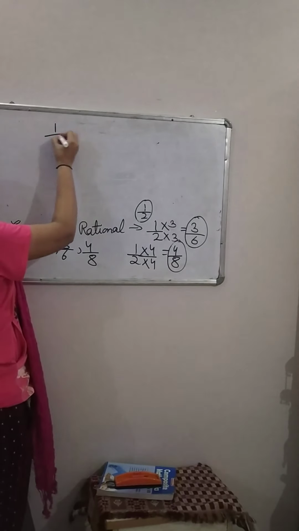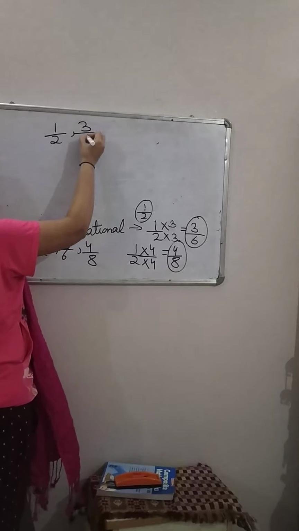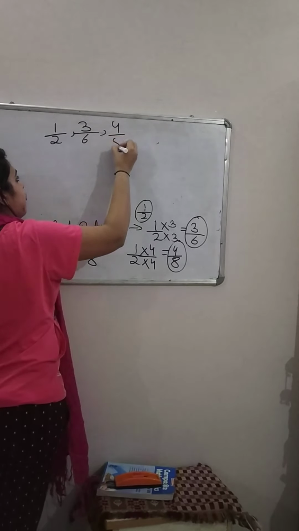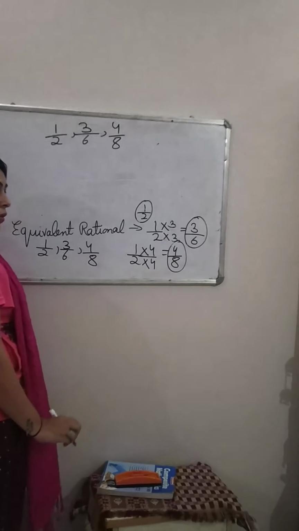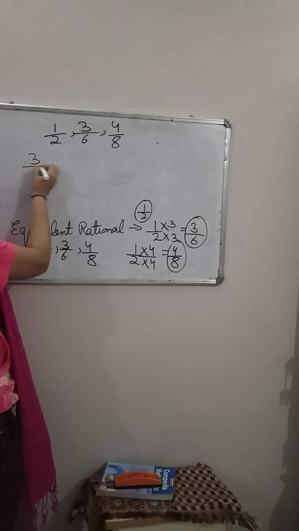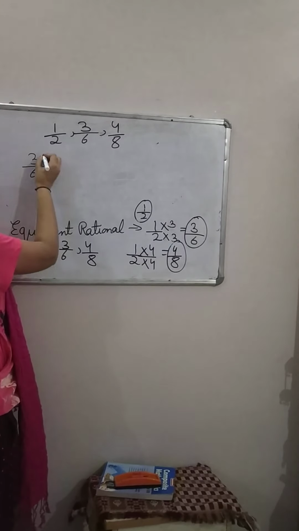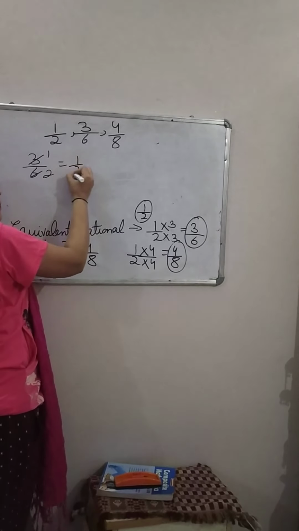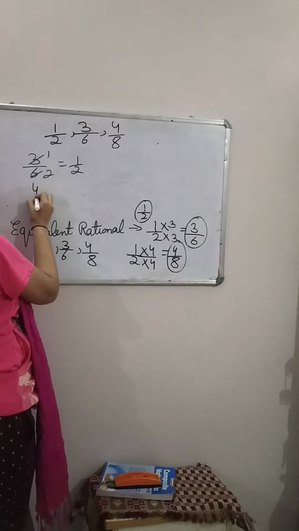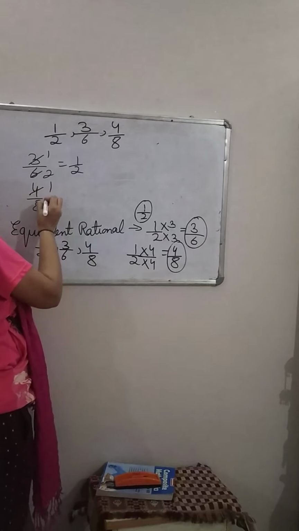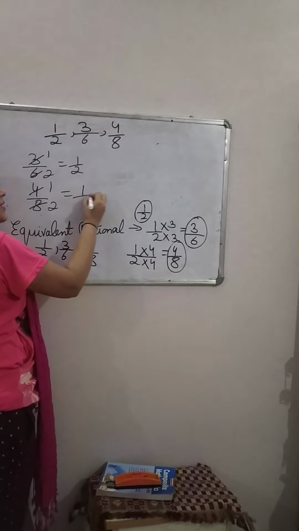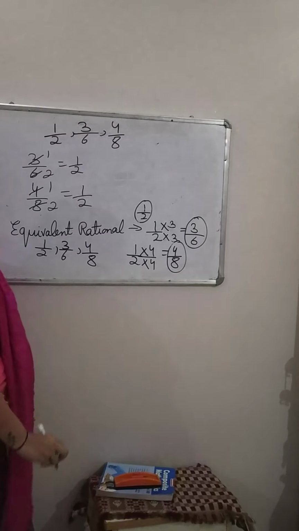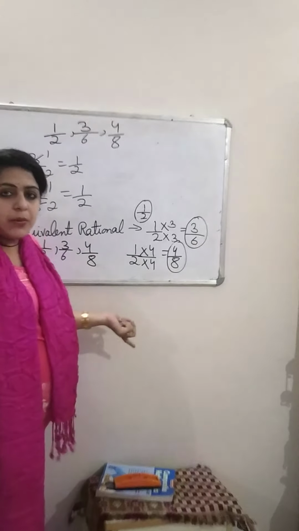This 1 upon 2, 3 upon 6, 4 upon 8 I'm talking about. If I see 3 upon 6, I can cancel and get 1 upon 2 again. If I take 4 upon 8, I can cancel this. Again I am getting 1 upon 2, right? So the final answer we are getting is 1 upon 2 only.